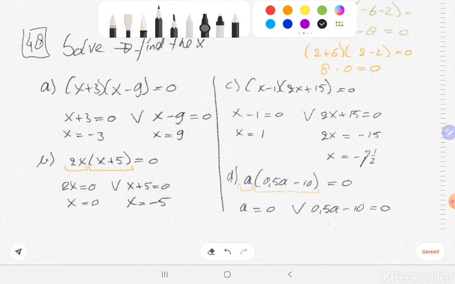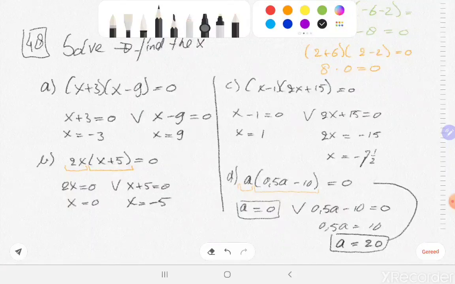Add 10 on both sides, 0.5a is equal to 10. Multiplying with 2, you get a is 20. So those two answers are the solutions of the equation at the top. If you fill in a is 0, you get the answer 0, and if you have a is equal to 20 and fill it in, then that's also the answer 0.